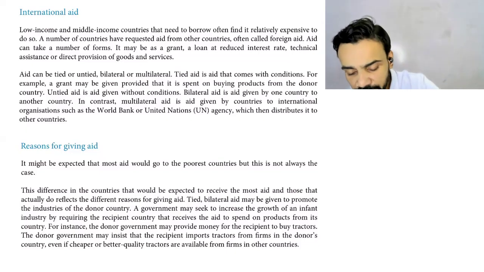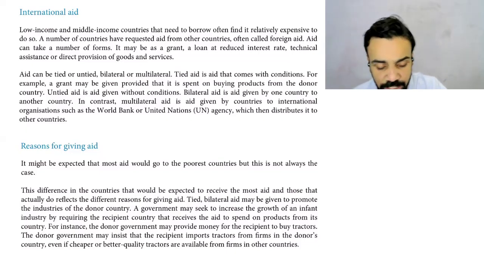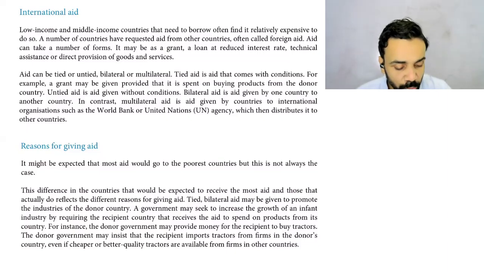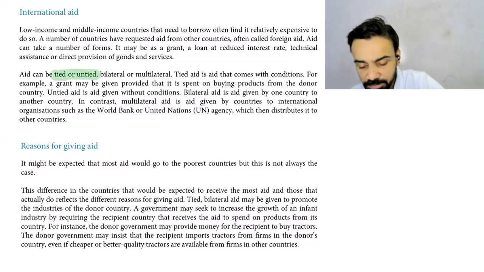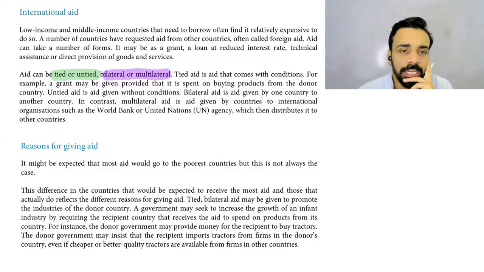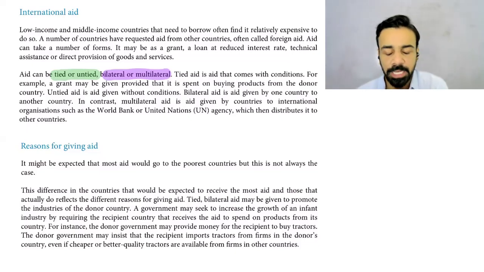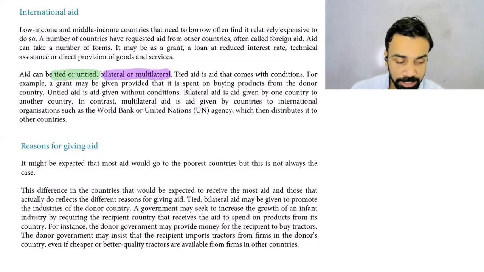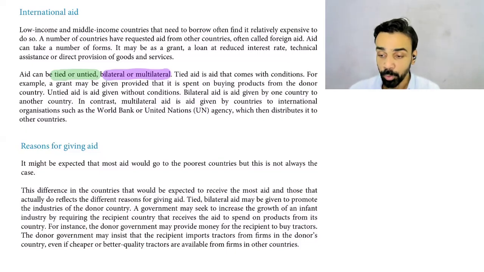Now whenever we talk about aid, it is a must for you to discuss in the essay that you talk about tied or untied, bilateral versus multilateral. What is this? Aid, if you are getting tied aid then that means there are some conditions with it. For example, Pakistan says that we need a loan for defense, so that to protect ourselves against the Taliban or the enemies of the country, we need a weapon.